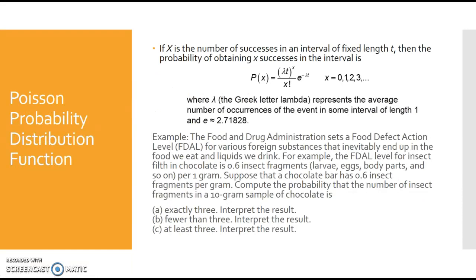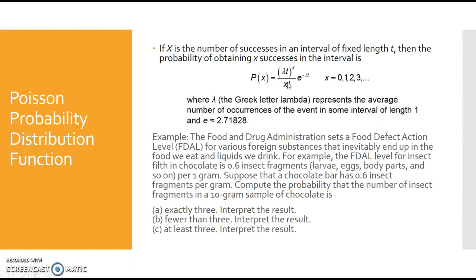Just like we had a distribution function for the binomial distribution, we have a function for the Poisson distribution. It's a little bit more complex. X is still the number of successes. Our interval has a fixed length of t, but we get this lambda thrown in, that kind of upside down y.